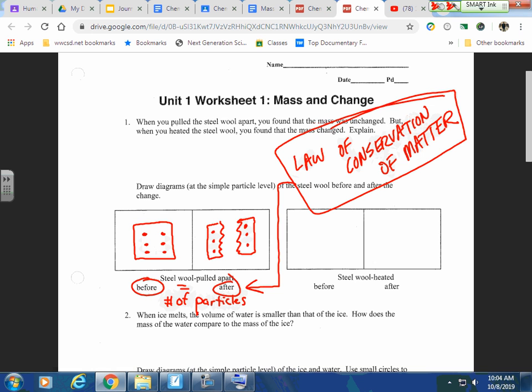Okay, so in the second one, how did the mass change for steel wool? According to what I told you, how was it supposed to change? When we burned it, it's supposed to gain. Do you remember why? Oxygen in the air is involved with this change, okay?